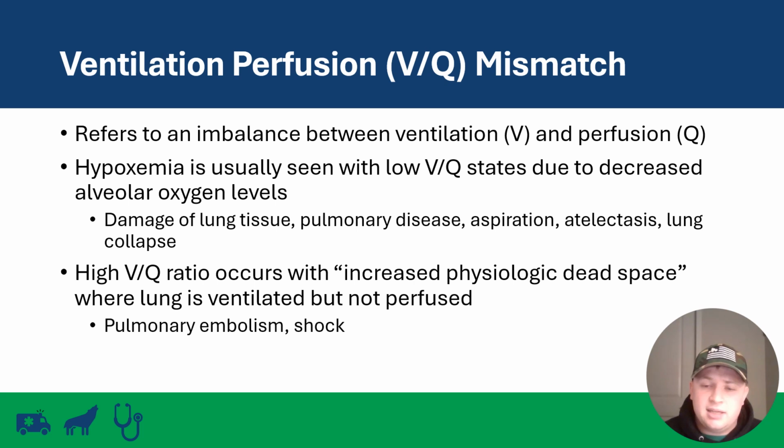So let's say you have a saddle PE that blocks the blood vessels in the entire right lung. Okay, so you can ventilate just fine with a PE, nothing blocking the air from going in and out. But because that entire right lung has the blood supply cut off, the oxygen that's going into that lung can't hop on RBCs because they're not flowing through there.